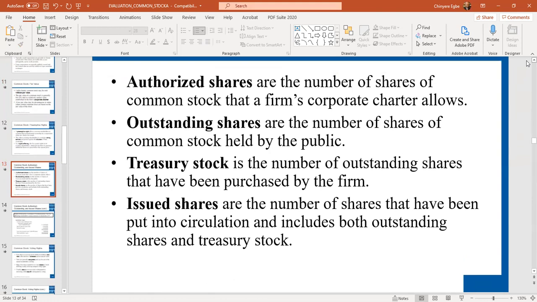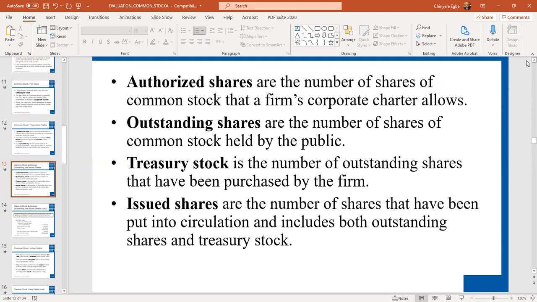If you look at the balance sheet of the company, there are authorized shares, which is the number of shares that a company can sell based on their charter. There are outstanding shares, which is the number of shares that are already sold and held by the public, so the outstanding shares could be less than the authorized shares.